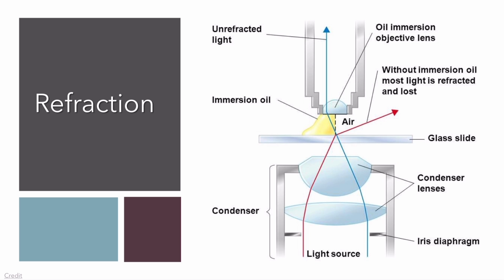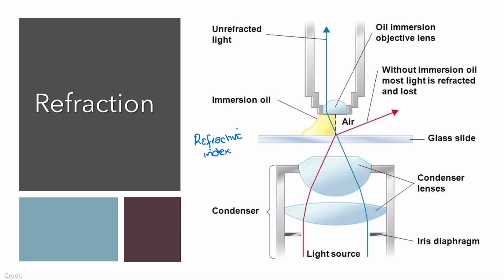Every single medium here has a different density, or what we call a different refractive index. So you're going to be looking at refractive indices or refractive index. Now the glass slide right here has a particular refractive index. This is different to air. Air has a different refractive index.